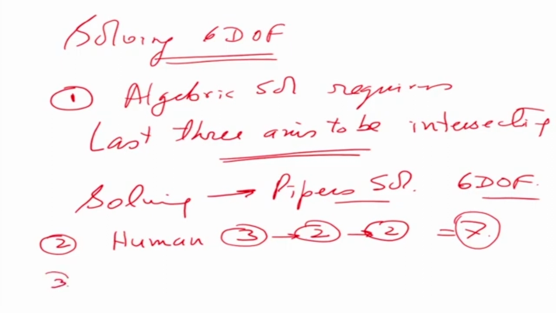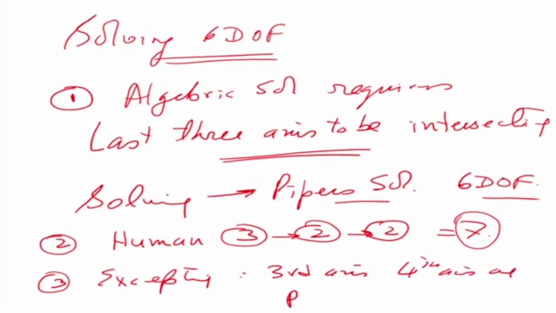Now there is an exception to this: if your third axis and fourth axis are parallel. Okay, so if they are parallel and the last three are not intersecting, then also it is solvable.